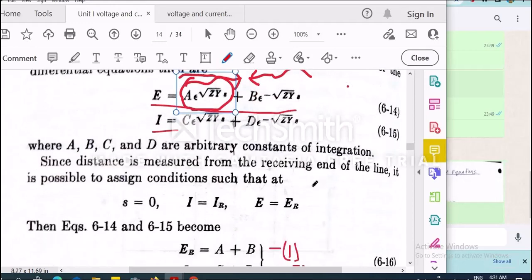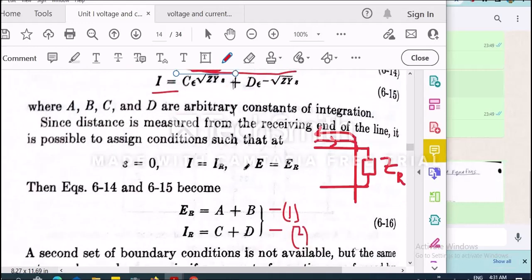Let us see a transmission line terminated by some load which I am calling ZR. At this load end, when the voltage arrives, part of the voltage is reflected back. Reflection coefficient means reflected by incident.